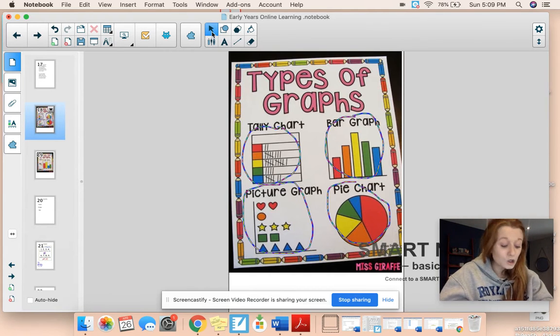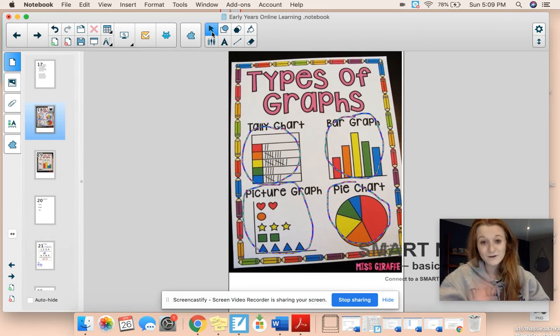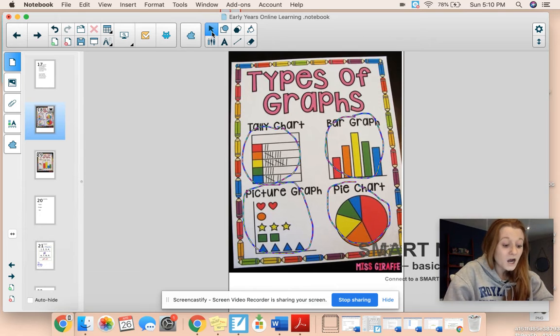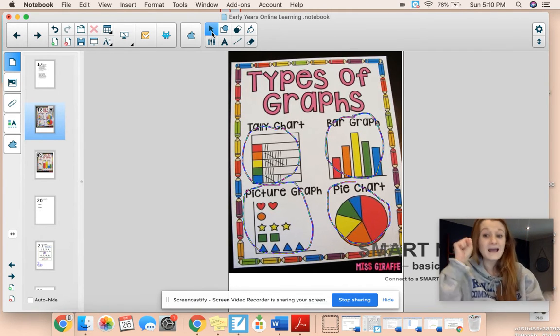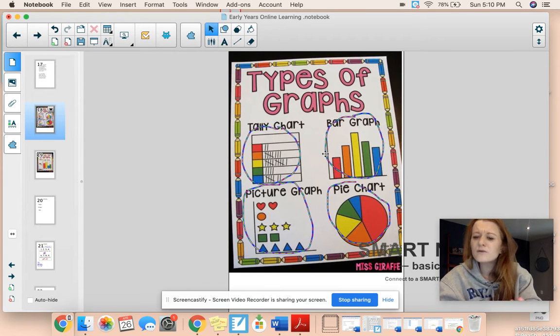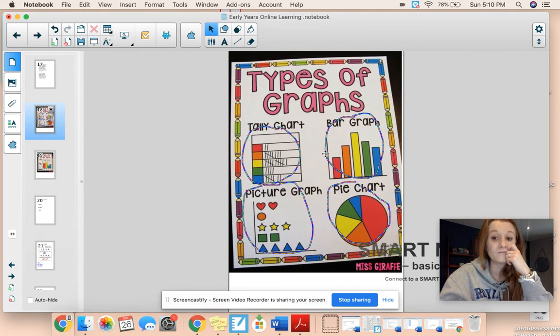Now a bar graph, sorry, Miss Filer has some notes here because I want to just make sure that I'm saying this as simple as possible. A bar graph compares our choices by how much and how many. So over here on this side, if we were asking our friends about what their favorite animal was, maybe we would have the number of students or the number of friends up here and our animal choices down here.